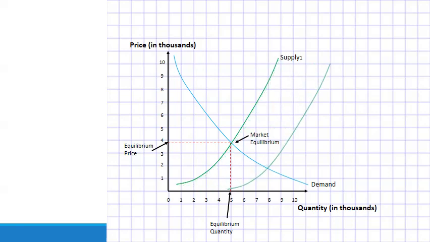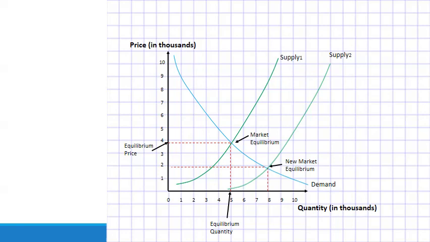When supply shifts to the right, notice what happens. We have a fall in the equilibrium price. When we have supply 2 and a new equilibrium, notice what's occurred. We have an increase in production. Quantity demanded did not change. The quantity demanded is at 5, but now with this new market equilibrium, supply has increased.